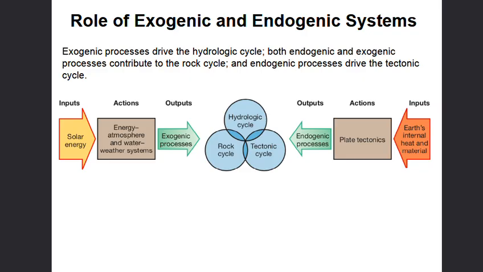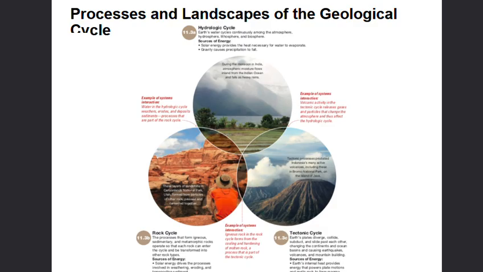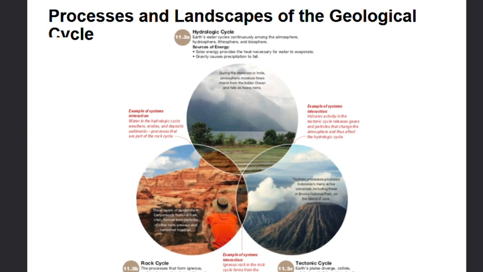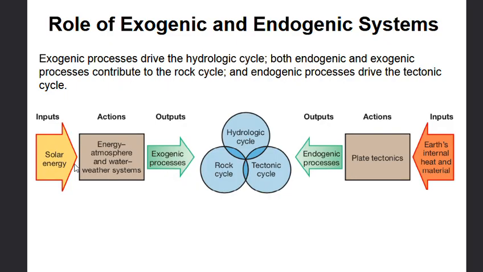So you can see that in fact the earth is a system. It's a system because you have operational activities going on. You have an input. Input, solar energy. Actions, energy, atmosphere, and water weather system. Output, exogenic process.